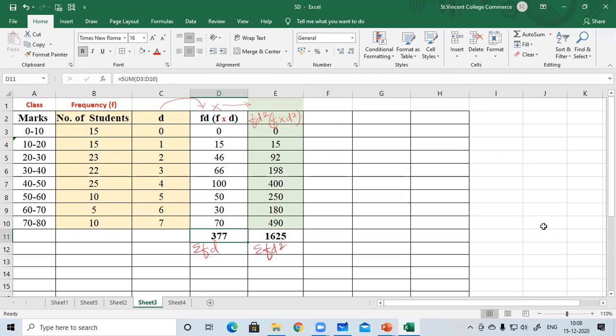Find out the totals. Once we are done, we also need the total of the frequency column, which is your N, 125. This is your N.